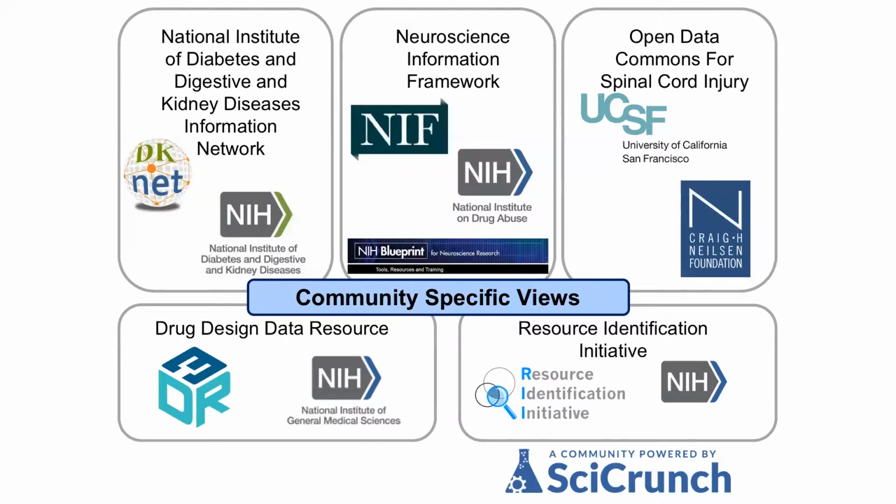And the infrastructure that was used to build NIF became more generalized to support different communities. So in addition to DkNET, there are a number of additional initiatives that are all powered by this common infrastructure, which we're calling SciCrunch. And basically, all the projects that sit on top of this have their community-specific views of the data and the information that's contained within the infrastructure itself.